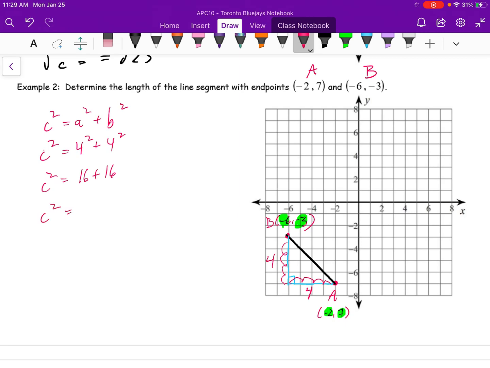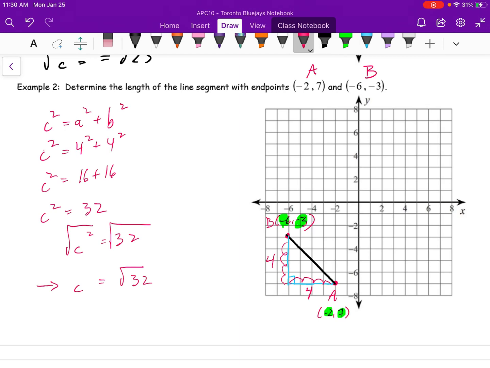So c squared is going to be equal to 16 plus 16. Now c squared is going to be equal to 32. Maybe that was a little bit too early for a conclusion. I'm going to take the square root of both sides, and what I get is c is equal to the square root of 32. Now, this is one answer to it, and it may be a little bit incomplete.